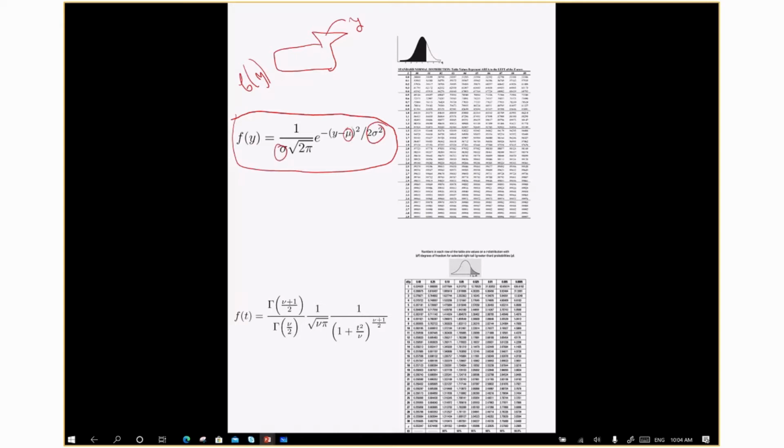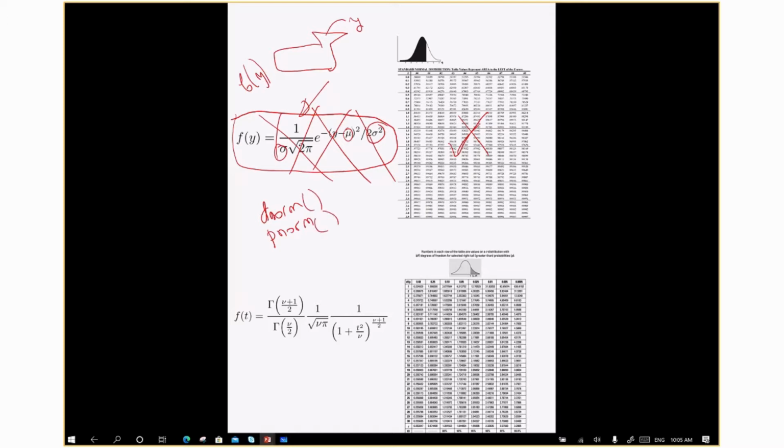And this is the formula, but in this course, we're not going to deal with this formula in terms of solving problems. We're going to use a table that looks like this. And when you go on to 582, 585, 586, you're not going to use this table either. You're going to use functions like dnorm and pnorm, which are built into the R language.